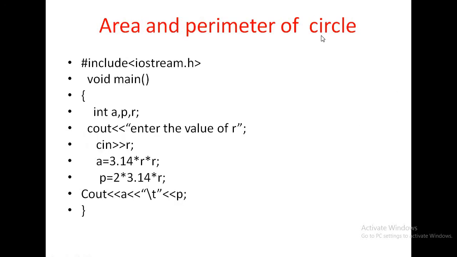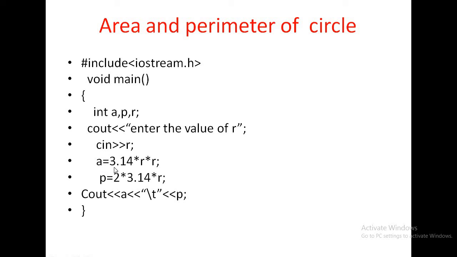Next small program is the area and perimeter of a circle. All of you know the area of a circle is pi r square, and the perimeter of a circle is 2 pi r. So I am taking the variable A for area.